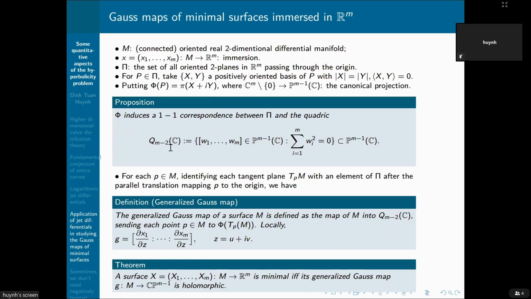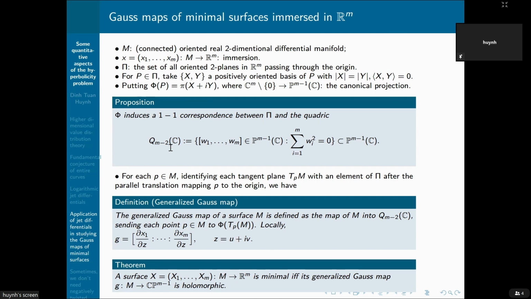So now we are passing to higher dimension, when you have a surface M immersed in Rm. Let's take oriented real two-dimensional differential manifolds immersed in Rm.